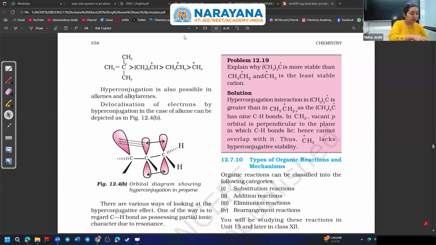Your voice broke, I could not hear the entire question. Can you please repeat? Ma'am, if there were two rings joined by a bridge carbon, one aromatic and the other anti-aromatic, what would be the resultant compound?